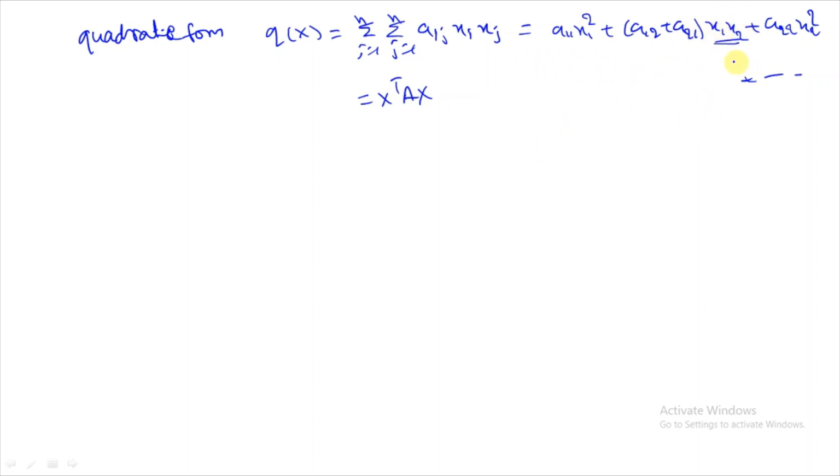But the quadratic form without cross terms is called canonical form or normal form.